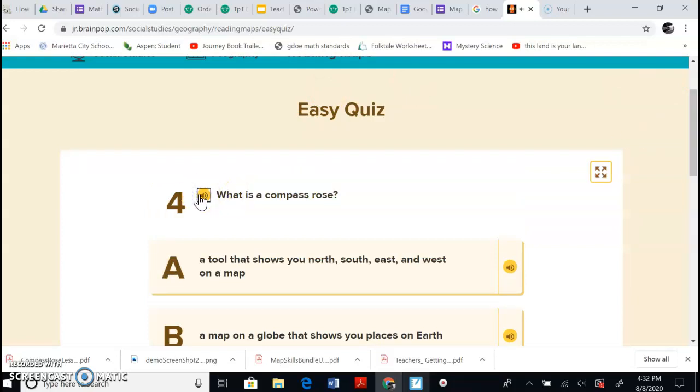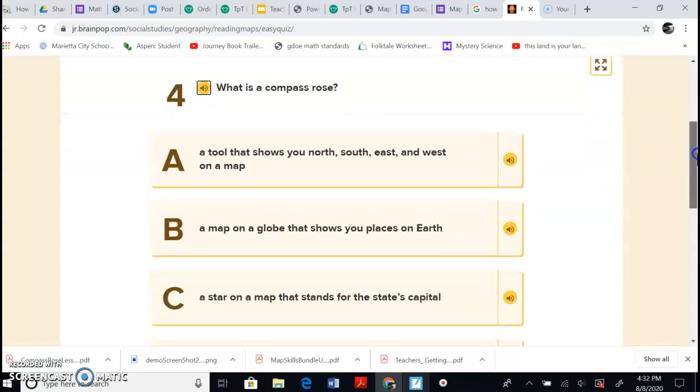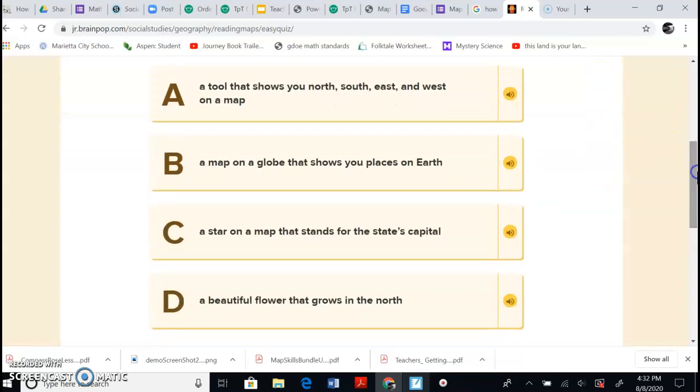What is a compass rose? I'm going to give you a minute to read our choices. A tool that shows you north, south, east, and west on a map. A map on a globe that shows you places on Earth.